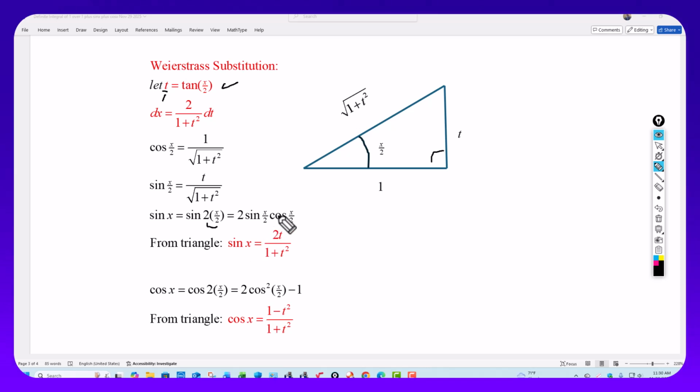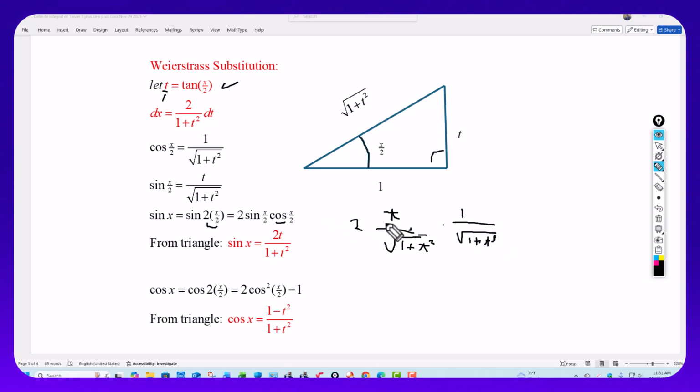So from this, this is 2 times sine of x over 2, opposite, which is t over the square root of 1 plus t squared. And that's times the cosine of x over 2, adjacent over the hypotenuse, so it's 1 over the square root of 1 plus t squared.